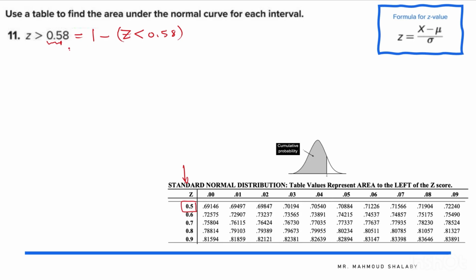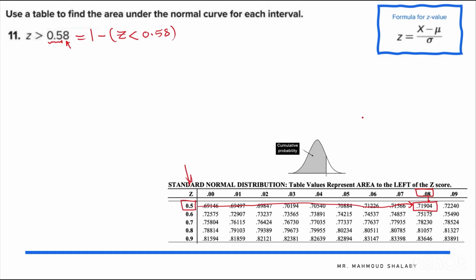Now I want the second decimal place to be 8, so I will take this one. Now it means I will go all the way from here and all the way from here. It will be this value. So I will just do now 1 minus 0.71904 and find the result, whatever the result is. Okay, Shabab?